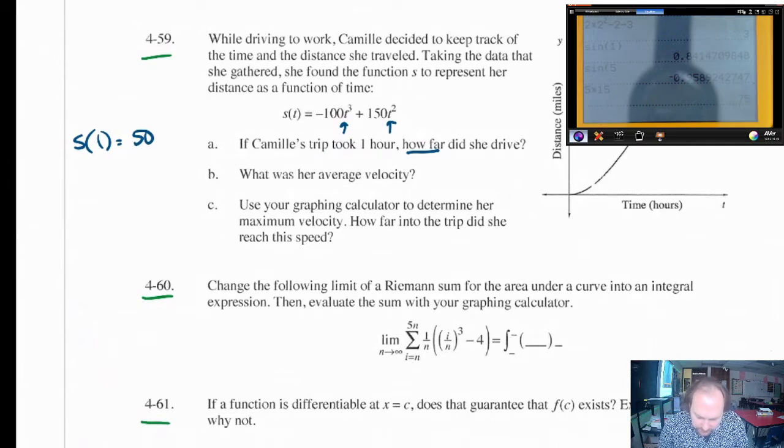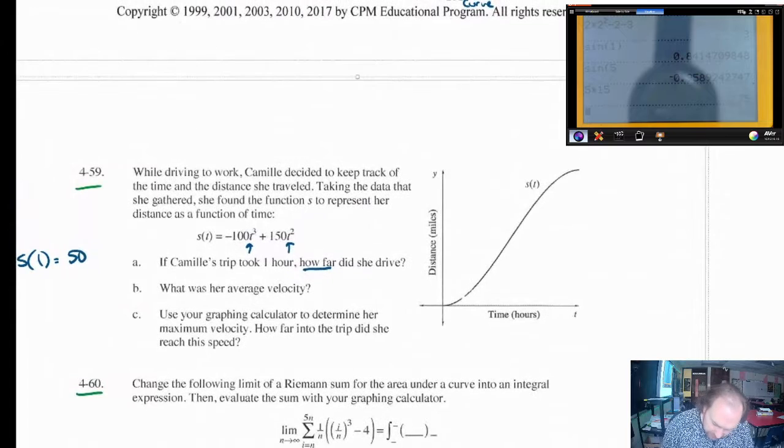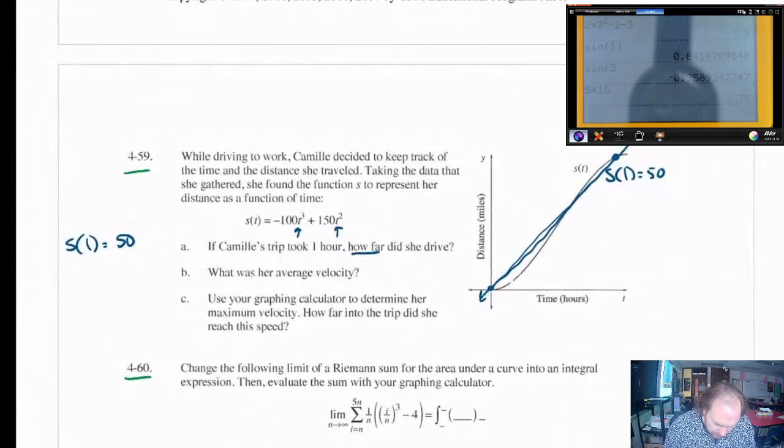As far as her average velocity goes, I'm just going to go in the picture here for a minute. Let's pretend that that point right there is the 1. S of 1 equals 50 right there. Average velocity is just going to be the slope of that secant line that connects those 2 points together. Okay, I'm just making sure this graph is in miles per hour.